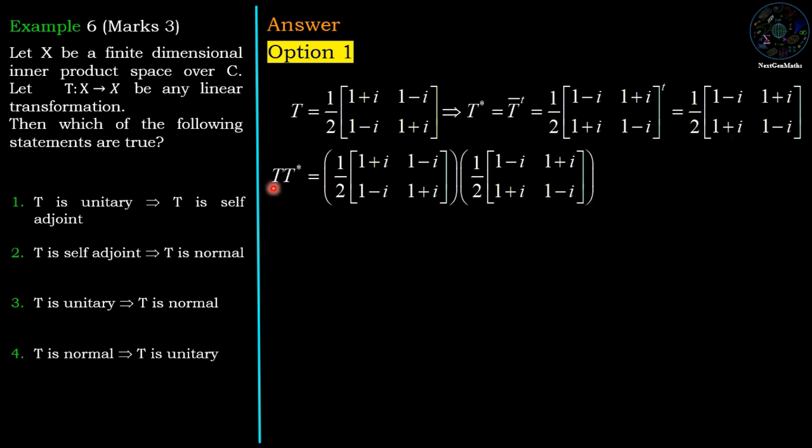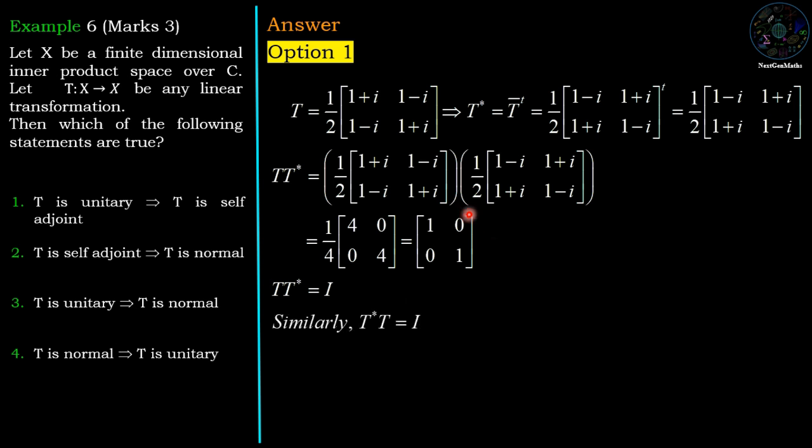We will get this matrix. Then we calculate T into T star. Take the multiplication of T and T star. After the multiplication, we get the matrix 1 0 0 1, which is the identity. Similarly, if you multiply T star with T, it will give the identity. Therefore T into T star equals T star into T equals identity, which is the definition of a unitary matrix.